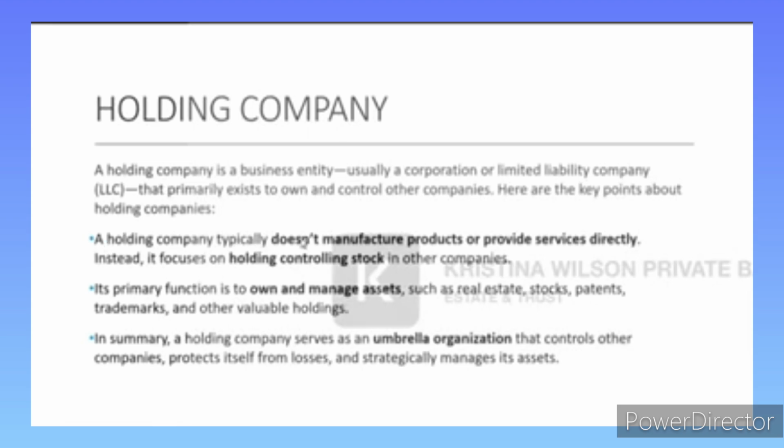A holding company typically doesn't manufacture products or provide services directly. I just said this to you. I told you that Reliant or ComEd or whatever utility company or water company you're doing business with, they are not providing you with anything. That account is yours and yours alone.